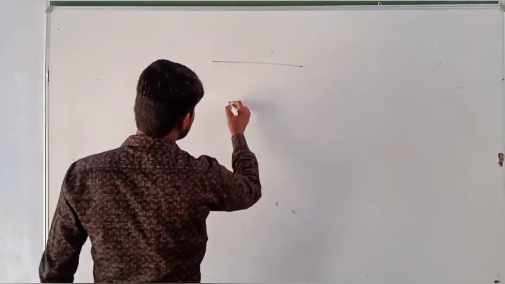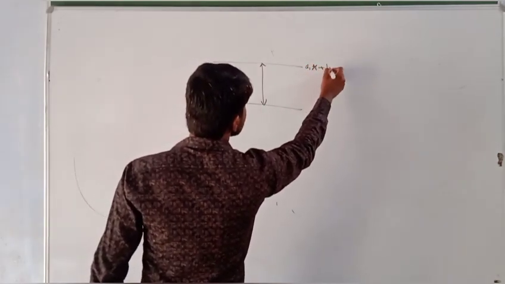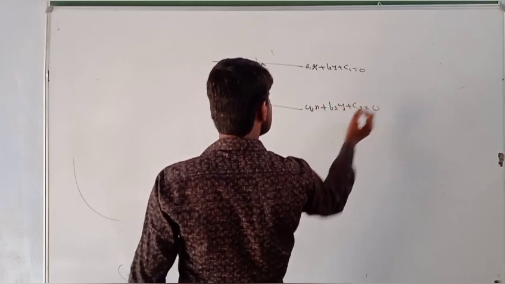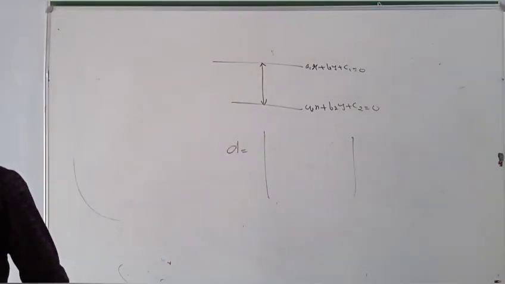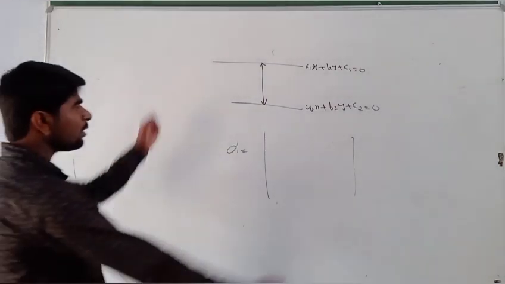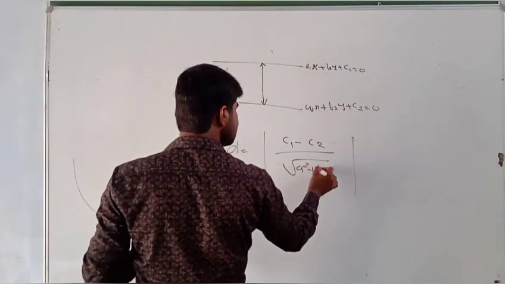So to find the distance between two parallel lines a1x plus b1y plus c1 equals 0 and a2x plus b2y plus c2 equals 0, the formula is d equals modulus of c1 minus c2 upon under root of a square plus b square.